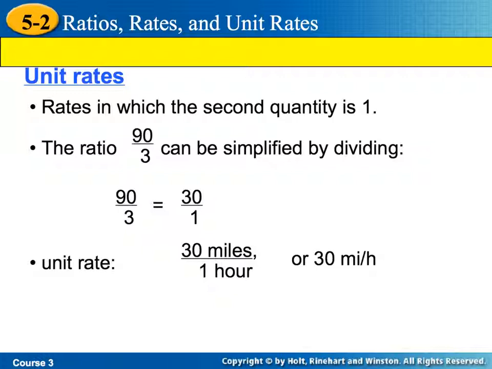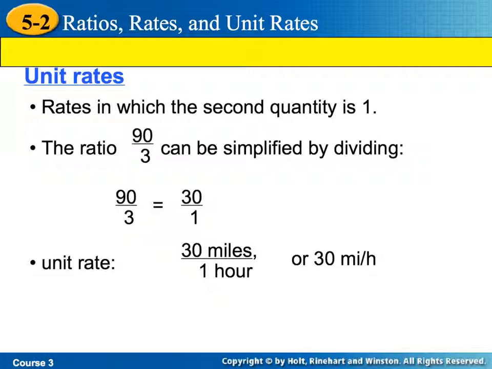Unit rates. Pause now. Write this down. All right, so when you look at this, it says, rates in which the second quantity is 1. Your second quantity means your denominator. The ratio of 90 over 3 can be simplified by dividing 90 by 3.